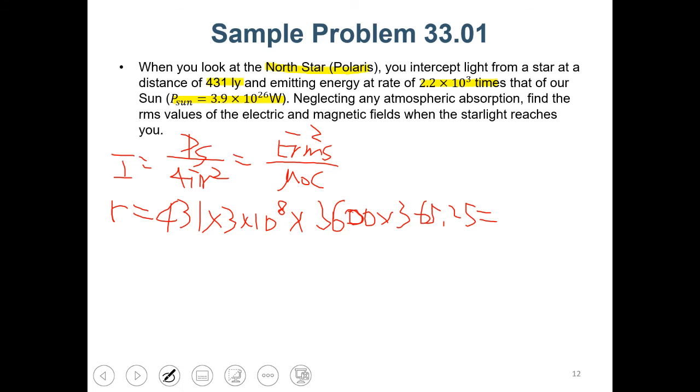So it should be around 4.08 times 10 to 18 meters from us.